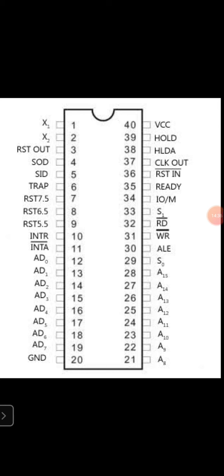For the operation of the processor, the frequency of the crystal oscillator is different from the speed. The speed of the microprocessor is 3 megahertz. The frequency of the crystal oscillator is 6.144 megahertz.